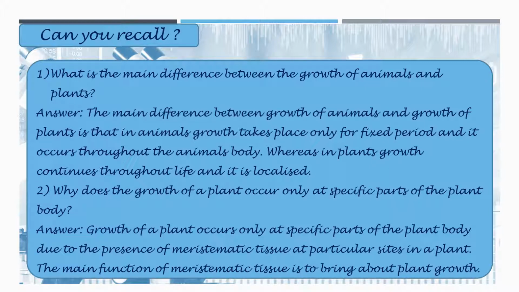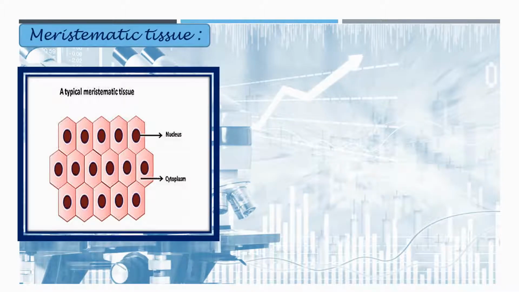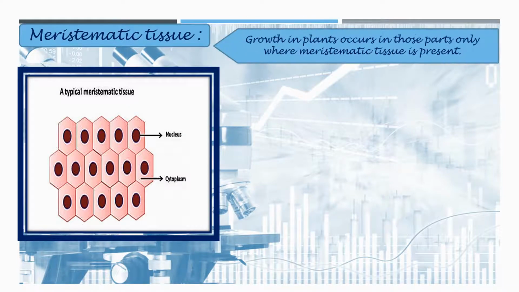The main function of meristematic tissue is to bring about plant growth. Now let's learn about meristematic tissue. Now growth in plants occurs in those parts only where meristematic tissue is present.